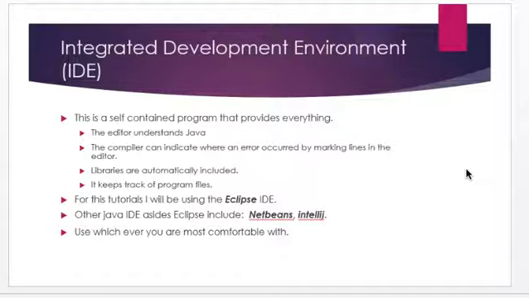So in these tutorials, I'll be making use of the Eclipse IDE. When it comes to Java programming, there's Eclipse, there's NetBeans, you have IntelliJ, you even have cloud-based IDEs. There's Trinket. I've not written that in here, but there's Trinket you can use online. When I say cloud-based, it means you access it by just using a URL.